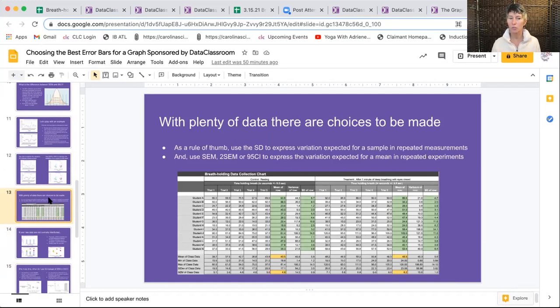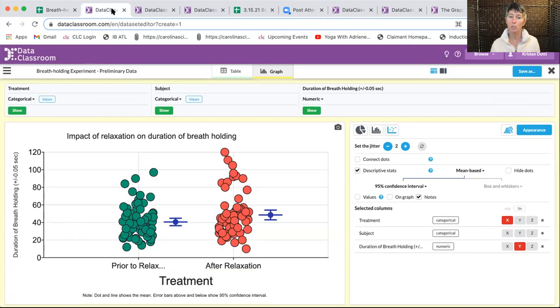Again, the students should fall out towards looking at standard deviation for individual multiple trials, individual sample groups with multiple trials, and they should be looking at the 2 standard errors of the mean or the 95% confidence interval when they are looking at the mean of the experimental group. So all of that is helpful for my students to be able to manipulate things quite easily and to maneuver around it. I'm going to see a greater level of data analysis in that case.